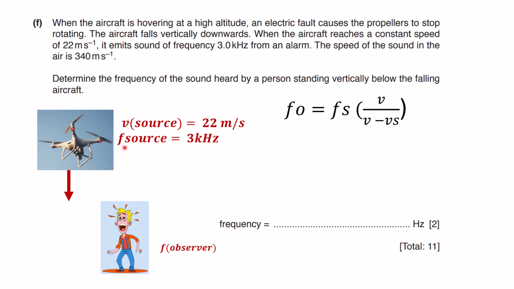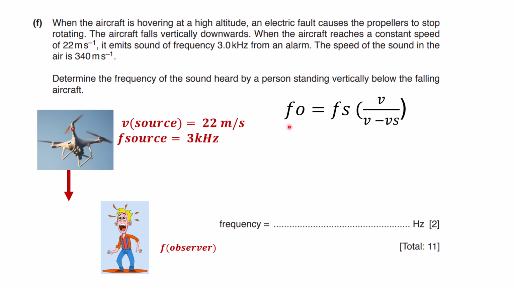So the sound source here emits a sound with a frequency of 3 kilohertz and is moving at constant speed of 22 meters per second at this moment. The observer is stationary and is going to hear a frequency of the sound that, because it's approaching, is going to be higher than 3 kilohertz. So let's see how it works.